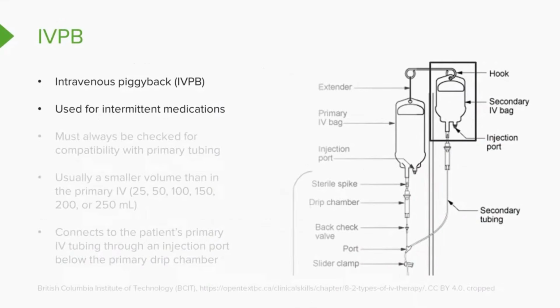Can be anything from antibiotics, maybe a little bit of potassium, any type of medication that we give maybe every 6 hours or every 8 hours. Now, you always want to make sure that you work with your pharmacist and make sure that whatever medication you're hanging in that secondary bag or IV piggyback is compatible with the solution that's in the primary IV.